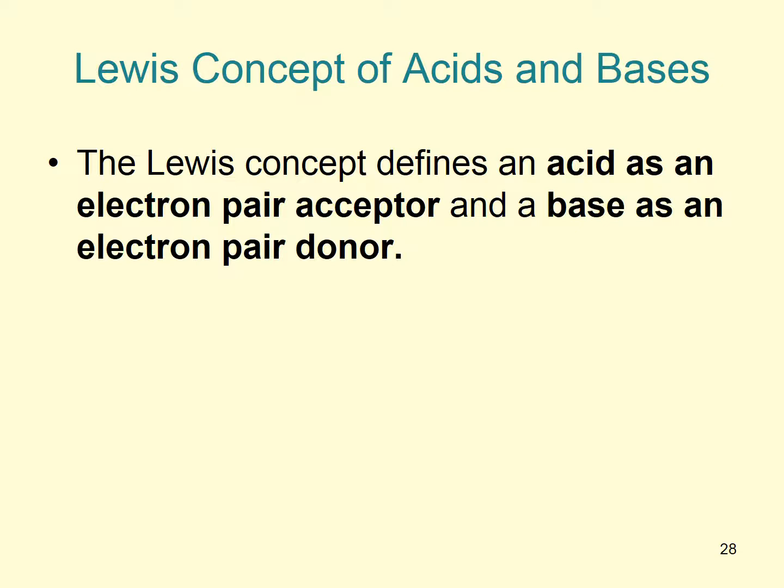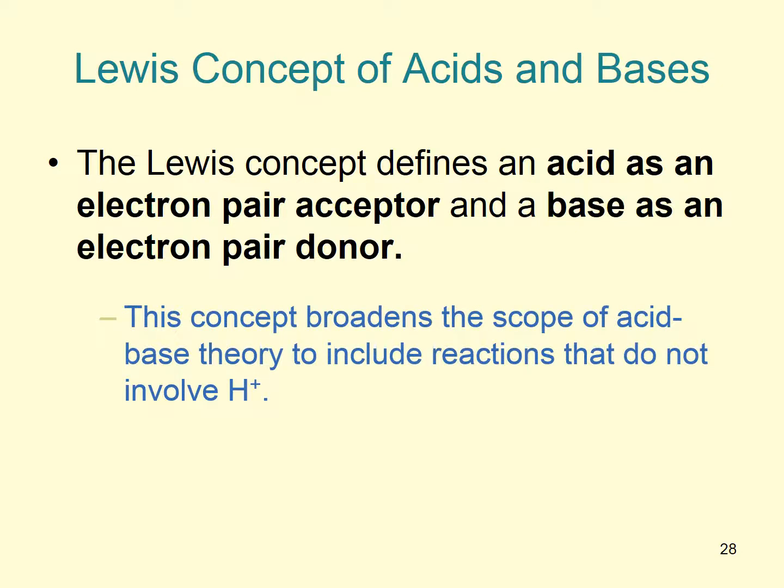It's not talking about protons anymore, but it's talking about electron pairs. So again, this is just another definition. It doesn't change anything that we've talked about. If something's a Bronsted acid, it's also a Lewis acid. If something's a Bronsted base, it's also a Lewis base. But this expands our definition just a little bit more to include other things, including reactions that do not involve H pluses.